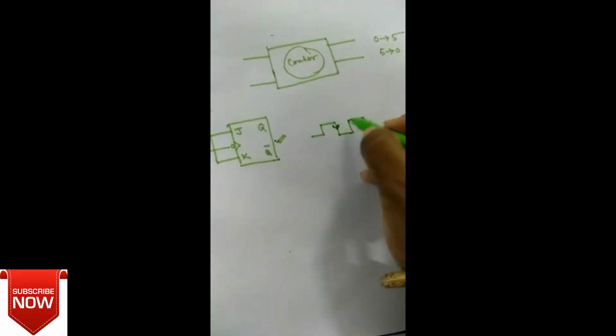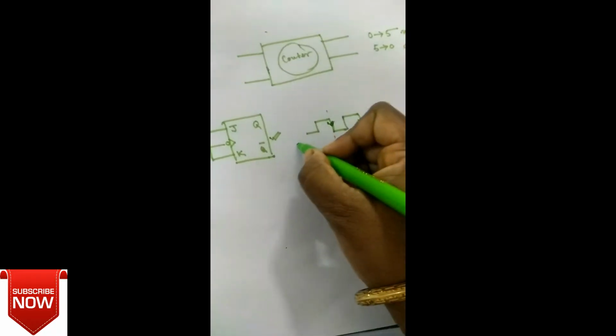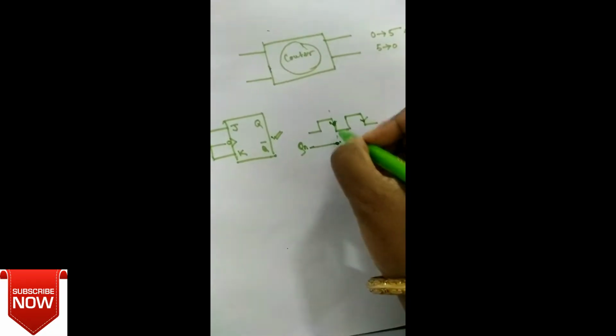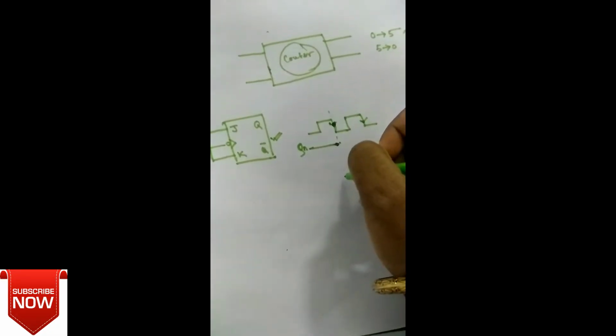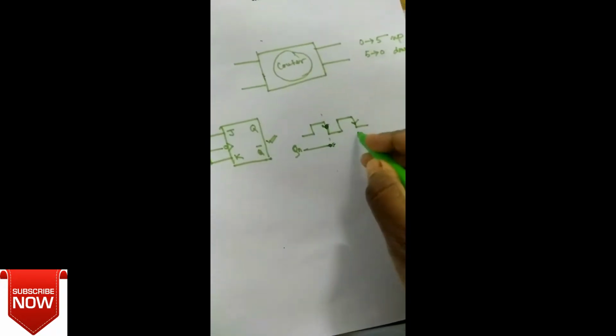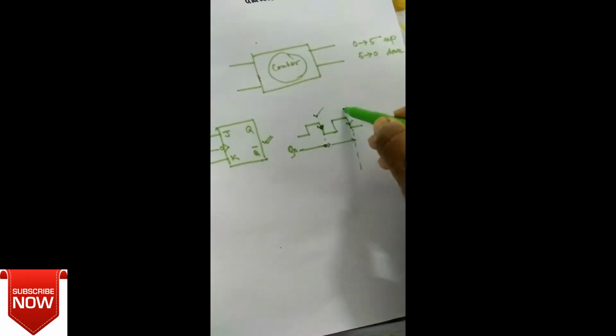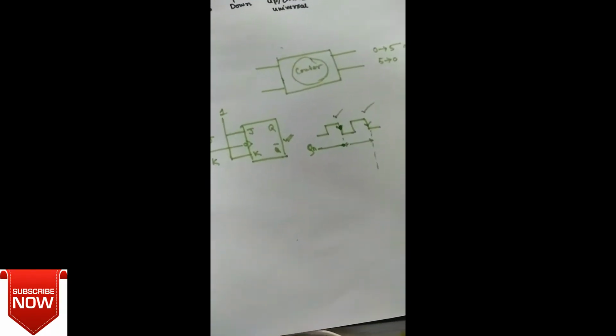Before the negative edge occurs, whatever the value of Qn is will remain unchanged. Then when the negative clock pulse happens, the output goes to either 0 or 1, and it continues until the next negative clock pulse. So it is always changing its output at the negative edge of the clock. That is why it is called a negative edge triggering flip-flop. We are going to use negative edge triggering flip-flops in counter design.